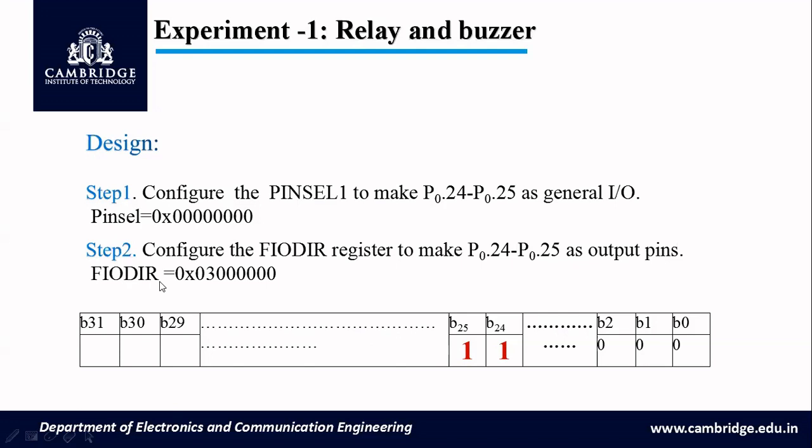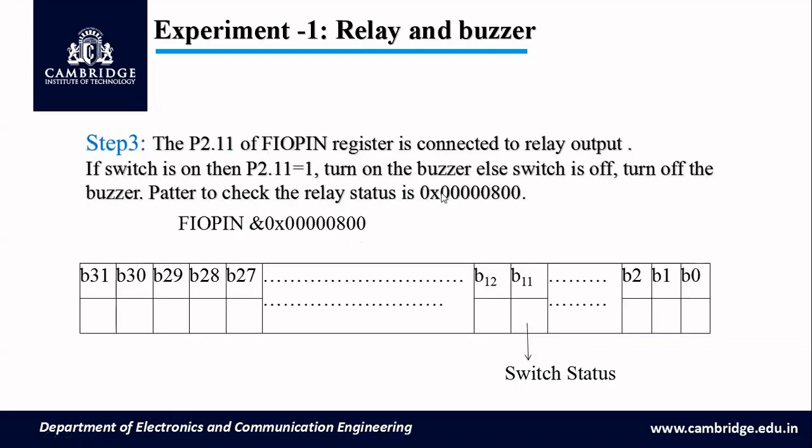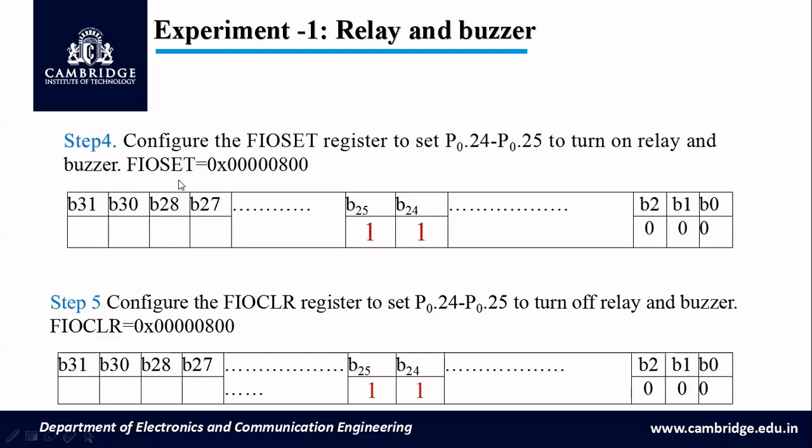So once the direction of the port lines is fixed, in our next step, we would be reading the input, that is the switch status from P2.11 port into FIO pin register. If the switch is pressed, relay and buzzer need to get turned on. To turn on the buzzer and relay, we need to make these particular port lines 1, for which we'll be using our FIO set register.